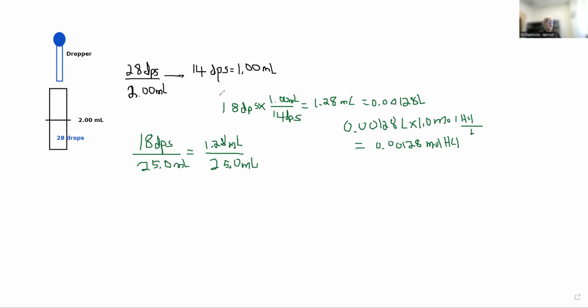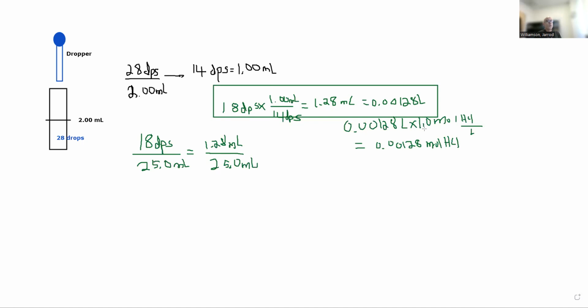This is the hydrochloric acid solution that I dripped in, which is 0.00128 liters.